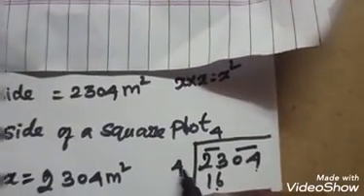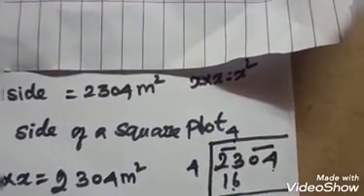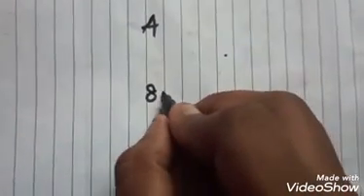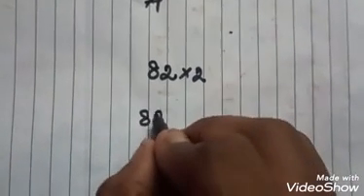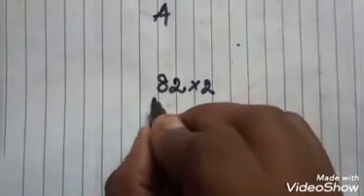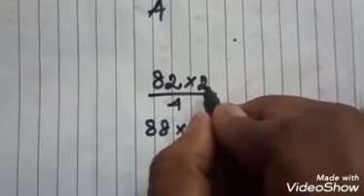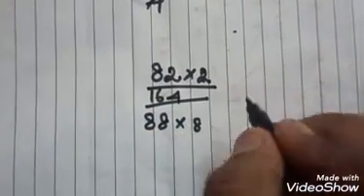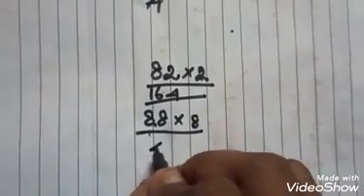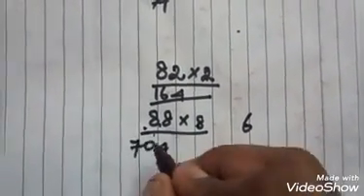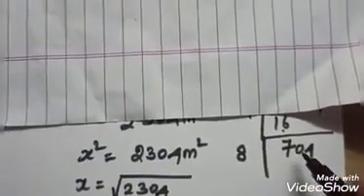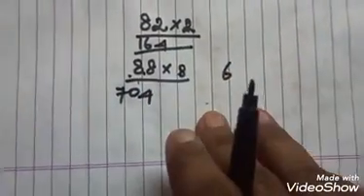Here what you need to take? 4 plus 4, 8. So 8 is the tens place. You need to take 2 into 2, otherwise 8 into 8. Now you multiply this. 2 2s are 4. 2 8s are 16. 8 8s are 64. 4 remaining 6. 8 8s are 64. 70. So here you see 704. By using 8 we get the answer.